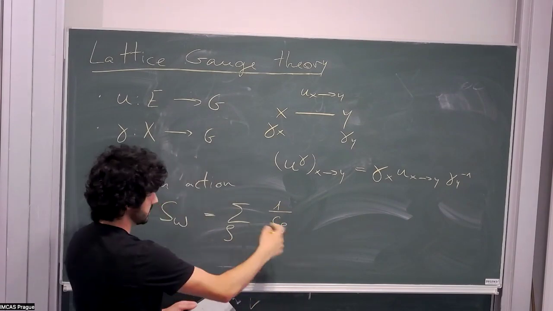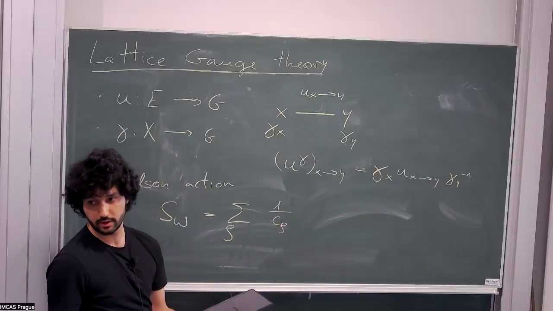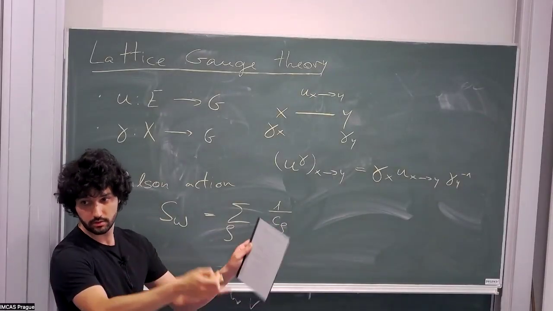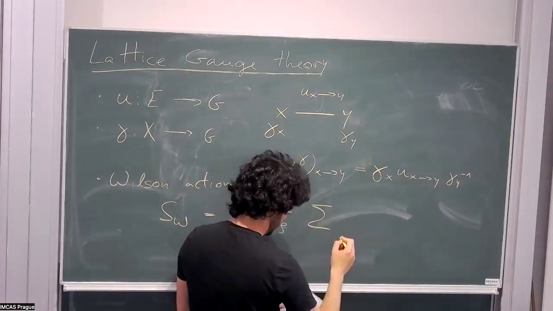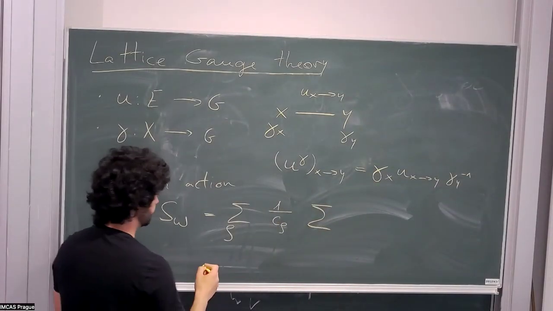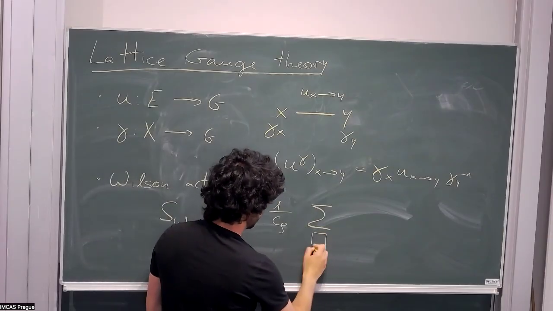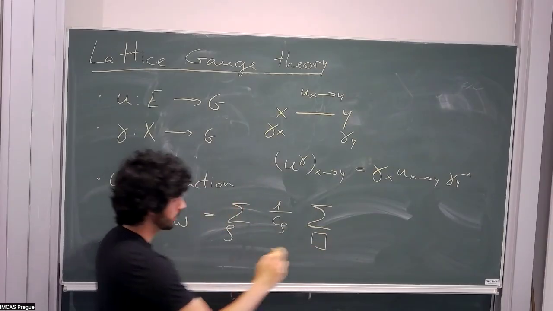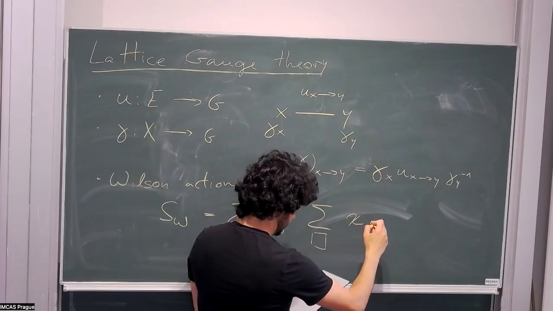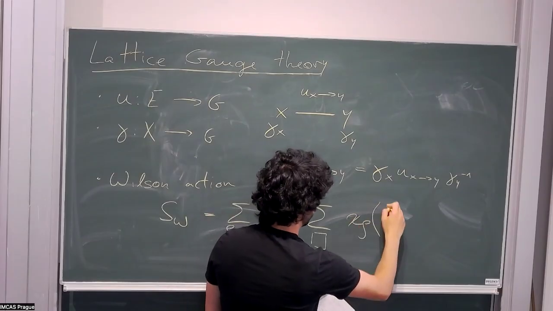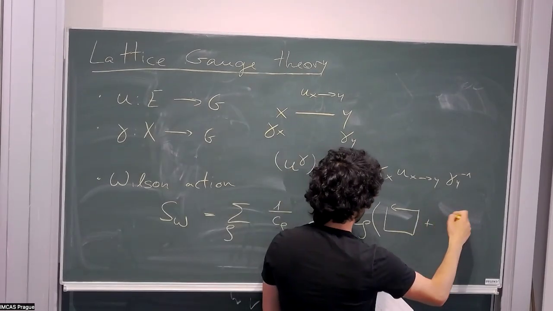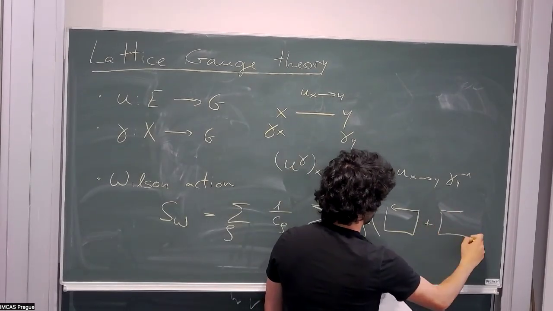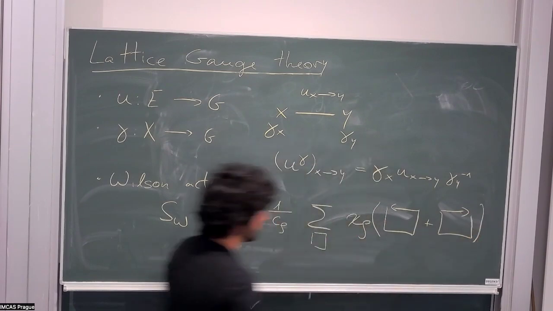The representations, as we're summing over them, don't really interact with each other, so you could just choose one that you want to focus on. For example, if we look at the square lattice, we're summing over plaquettes. And then we have here the character in a specific representation of the holonomy around a plaquette plus it going the other way. So we'd have something like this.